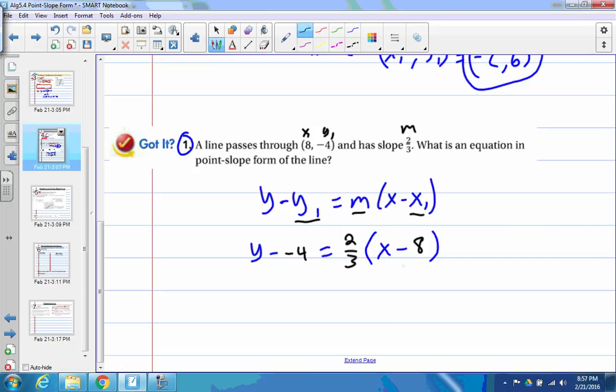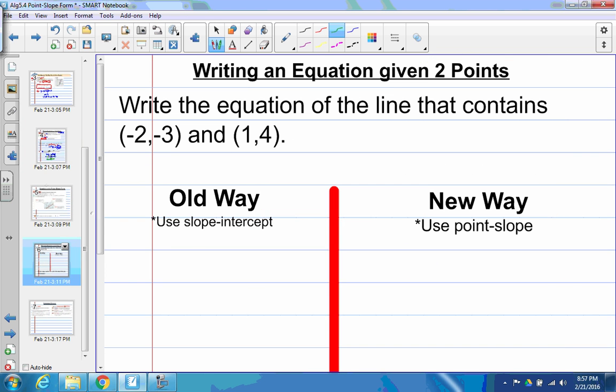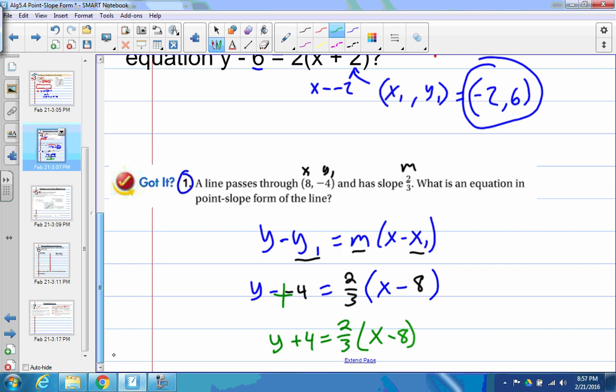So the only part about this that's not complete is this part over here, because we have a minus and a negative, it becomes a plus. So this final equation would be y plus 4 equals 2/3 times x minus 8. And there you go.